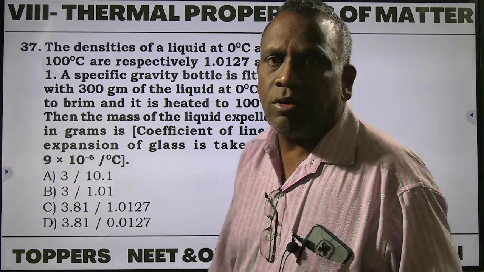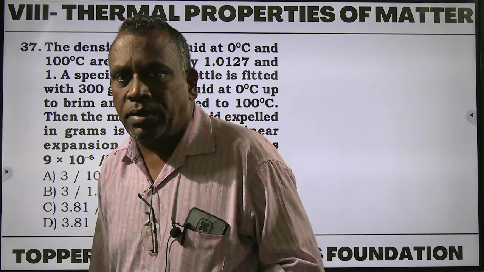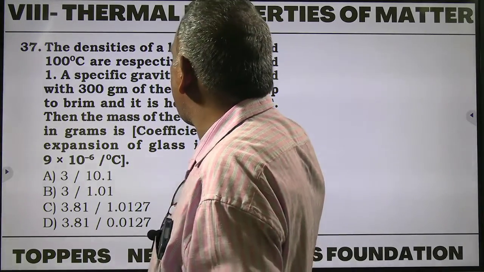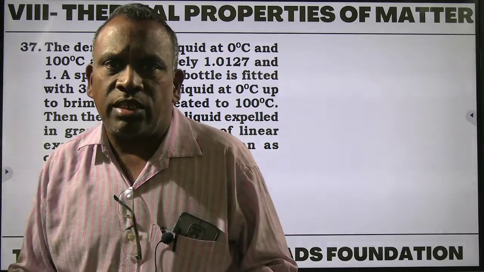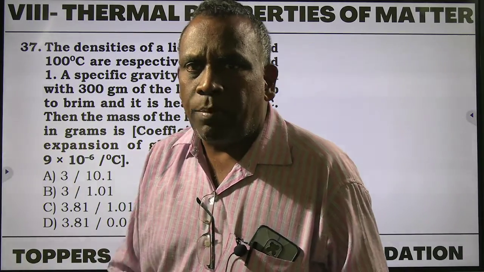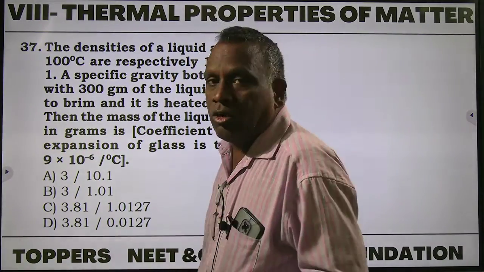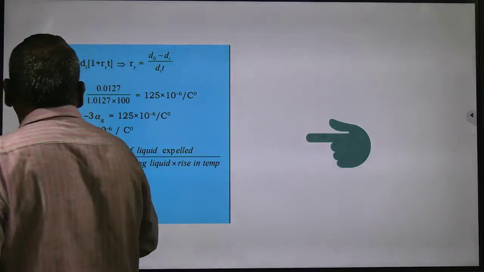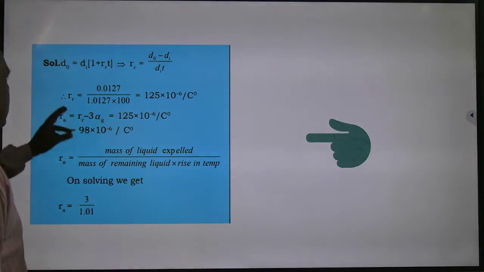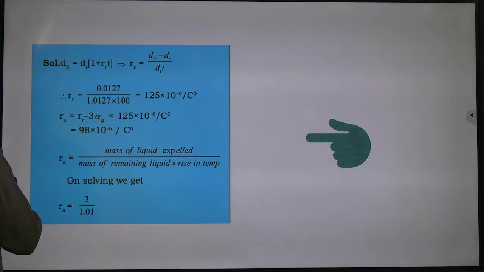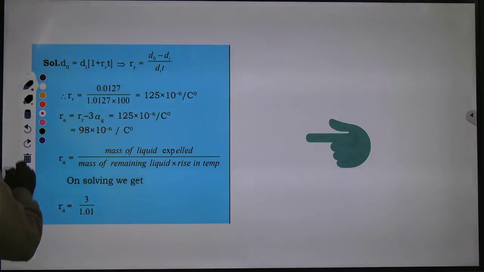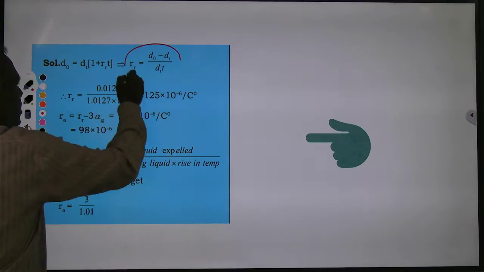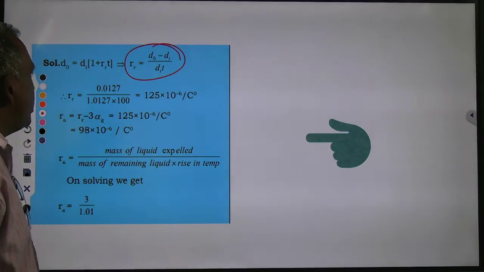From the densities you can find out the real expansion, then the apparent expansion, and you will get the solution. The real expansion of the liquid is D0 minus D1 by D1 into t.